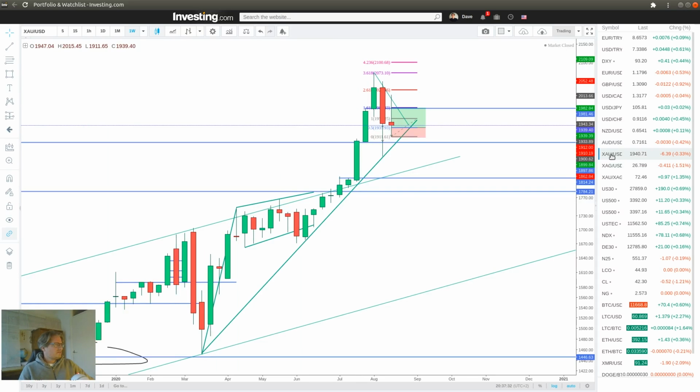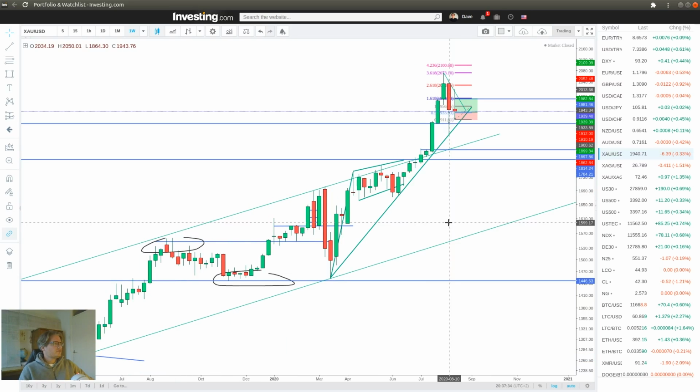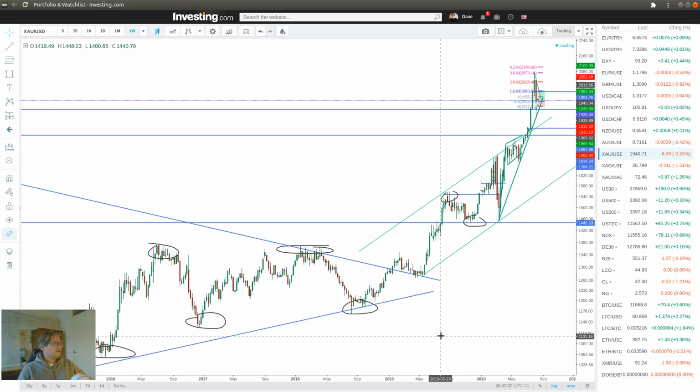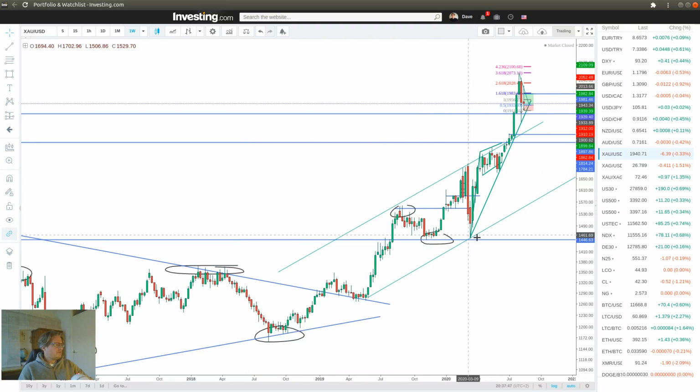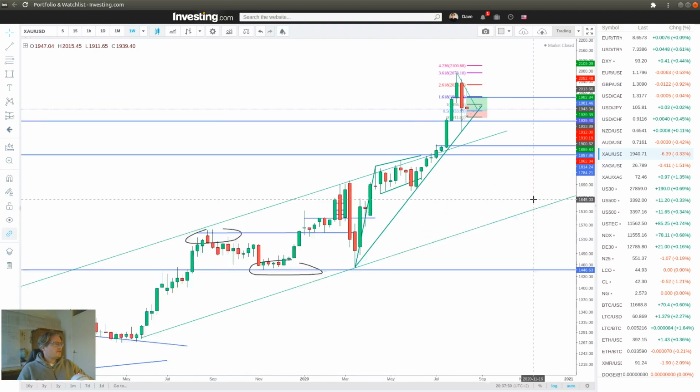Okay, so let's look at gold on the weekly. Well, on the weekly it still looks extremely bullish. So we've made these higher lows, higher highs, as I indicated before, and we keep going higher.